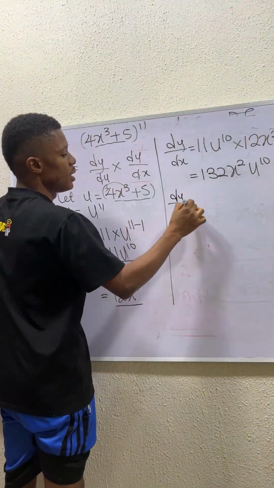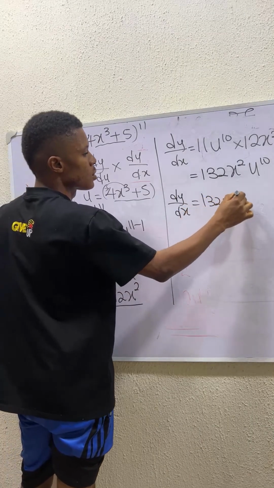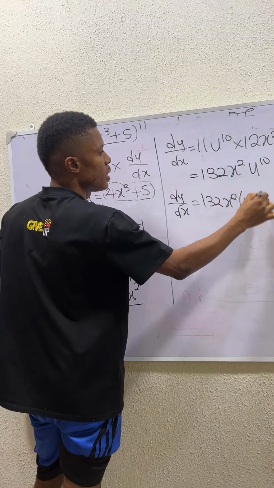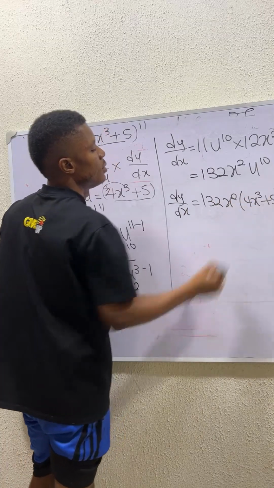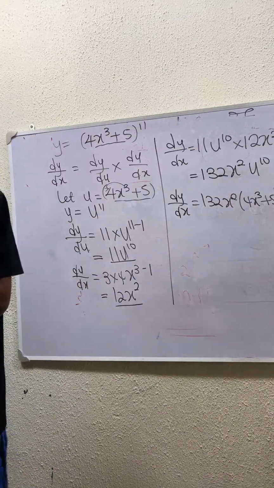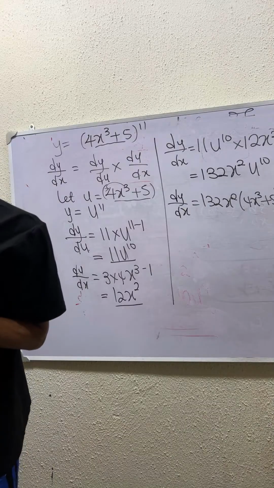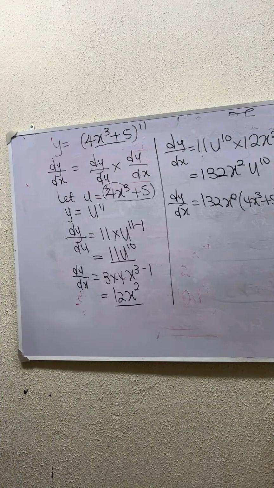So dy/dx is equal to 132x squared times (4x cubed plus 5) power 10. This is differentiating the function with respect to x. It is very simple to understand.